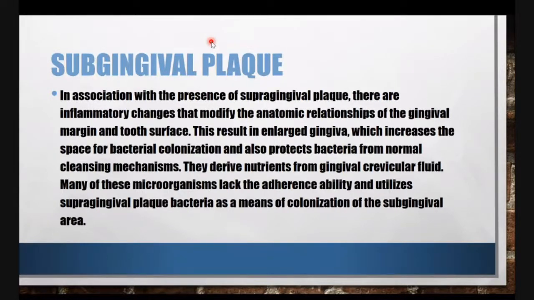Because of the inflammation there will be swelling and widening of the blood vessels. Okay. They derive nutrients from the gingival crevicular fluid. Many of these microorganisms lack the adherence ability and utilize the supragingival plaque bacteria as the means of colonization of the subgingival area. This is for the tissue-associated, of course.